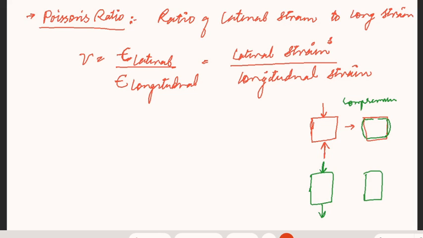Sorry, I have mentioned this as compression, and this is your tensile forces. On the same body, because of these tensile forces, it will start shrinking laterally and it will start elongating.